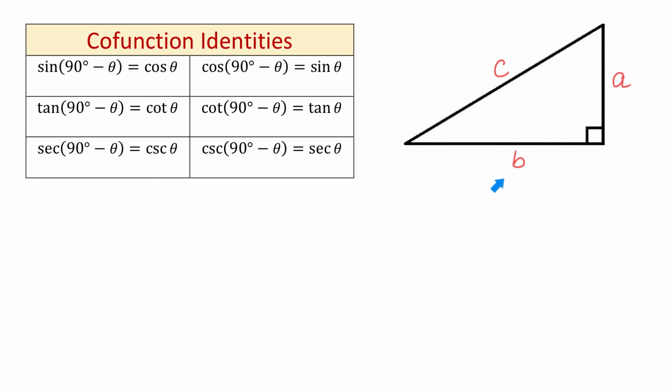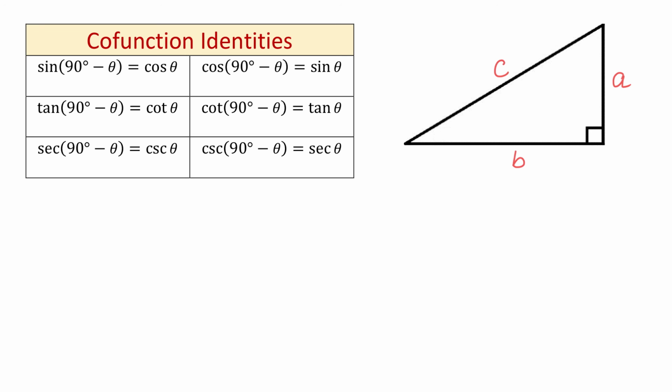To the right we have a right triangle, and we know that in any triangle the sum of all three angles equals 180 degrees. In this triangle, if one angle is already 90 degrees, then the sum of these two angles is also equal to 90 degrees.